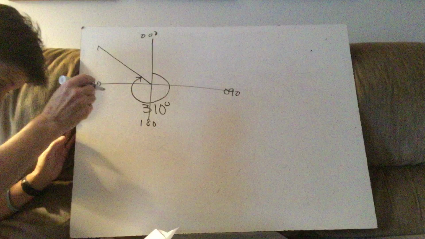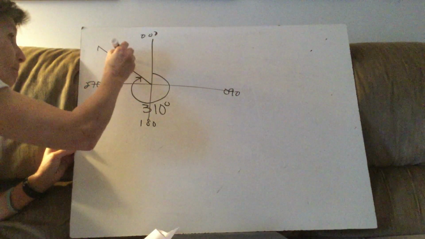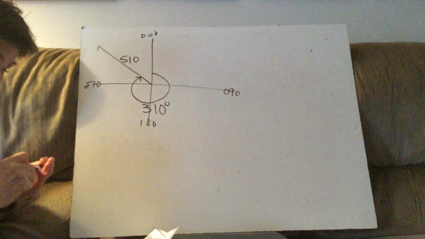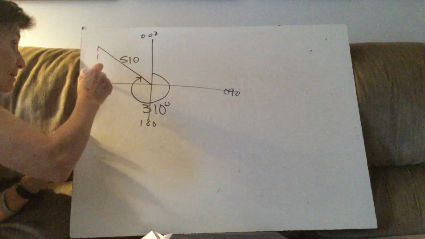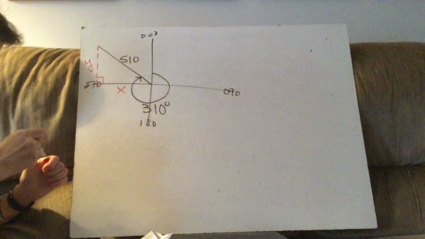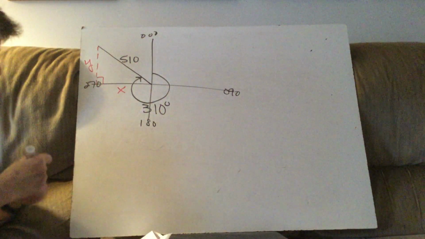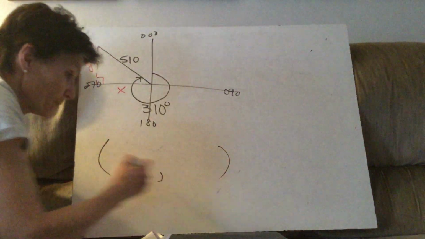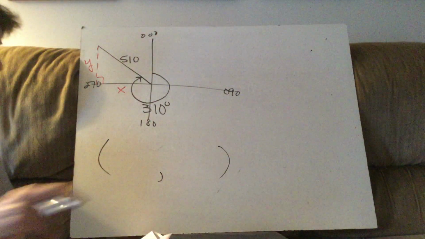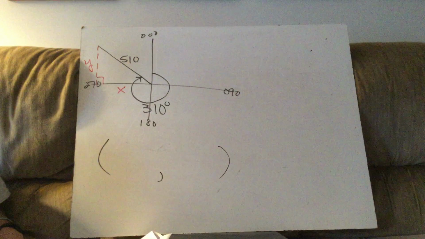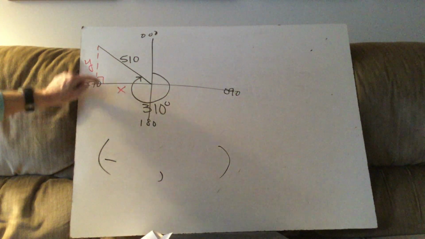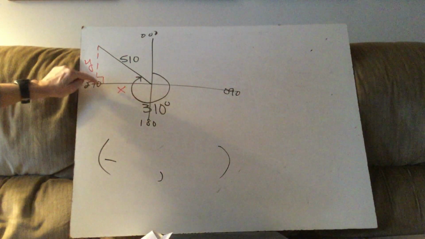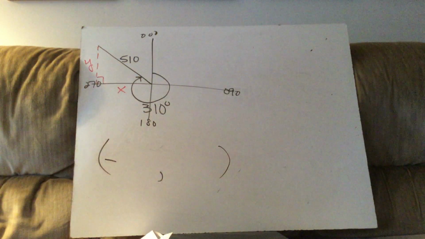And our magnitude is 510 miles an hour. And we are going to find x and y. Before you start, is anything going to be negative? Are either one of these going to be negative this time? Your x is going to be negative because it's left. This is quadrant 2, left and up. So y will stay positive, but x is going to be negative.